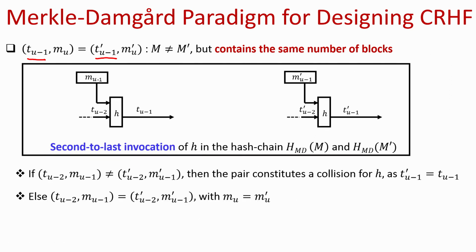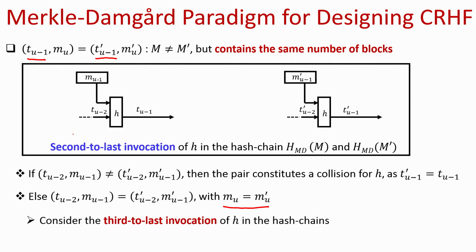But if it so happens that the combined inputs for the second to last invocation of the h functions in the respective hash chains are equal, then it implies that f sub u and f dash sub u are the same and the combined inputs are the same.